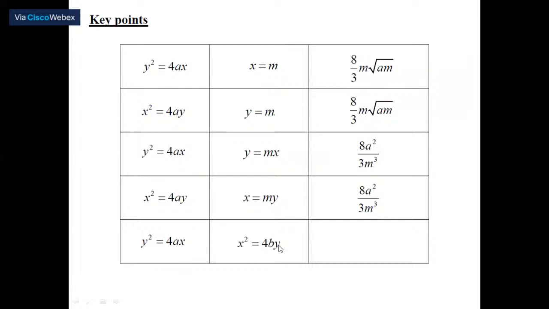In this case, the area bounded between these two parabolas is given by 16ab divided by 3. Going for the shortcut is good, but before that, you should know when we can go for the shortcut and when we should not go for it. Fine. Now, let's move on to the problem.